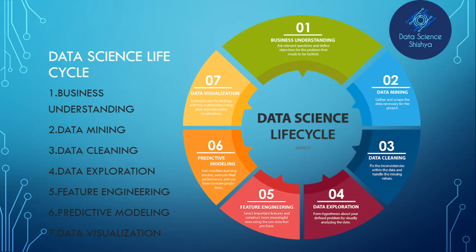In the second step, after understanding the business of the company, we need to gather the required data to build our data science model. That data can be coming from the company, or it also can be coming from a third party. We all know that there are two types of data, primary and secondary. The primary data is already present in the company systems, and secondary data is what we have to get from other third party organizations.